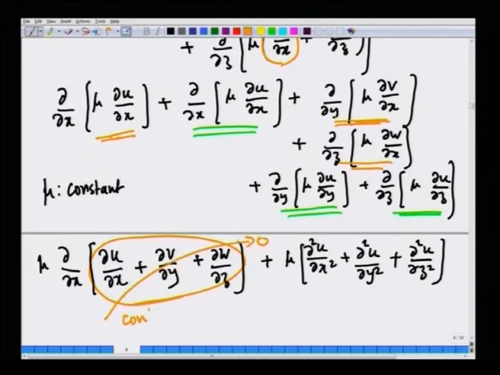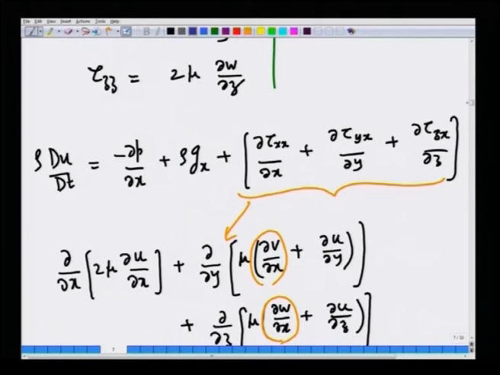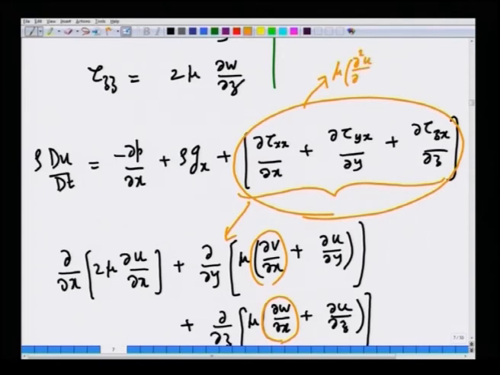The mass conservation equation says partial u partial x plus partial v partial y plus partial w partial z, which is nothing but del dot v, is 0. So, the only thing that survives is mu times partial squared u partial x squared plus partial squared u partial y squared plus partial squared u partial z squared.